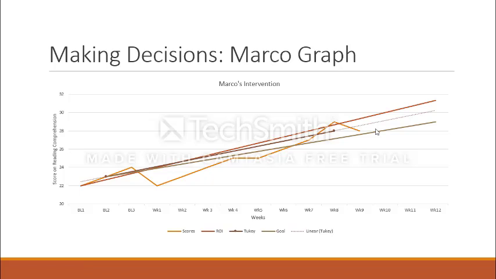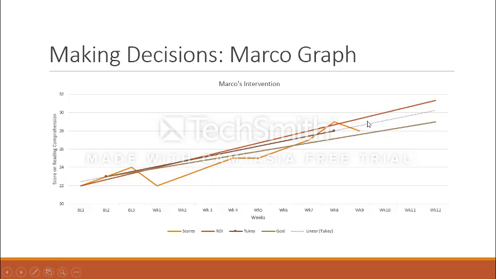And we could change his goal because it is above the goal line, but really I think we're kind of really close to him being where he needs to be. You can also compare how steep the other lines are. So either the Tukey line here or our rate of intervention line here.